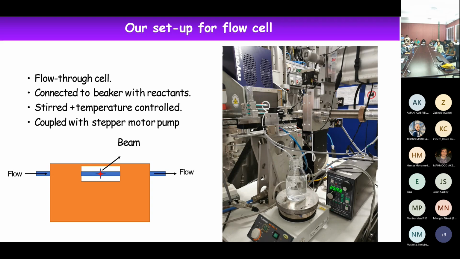So the reaction is occurring, but during the reaction, part of this solution goes through the capillary, and then you can measure, as a function of time, what's going on inside the capillary. So this way, you can look at the way the precipitation is occurring.